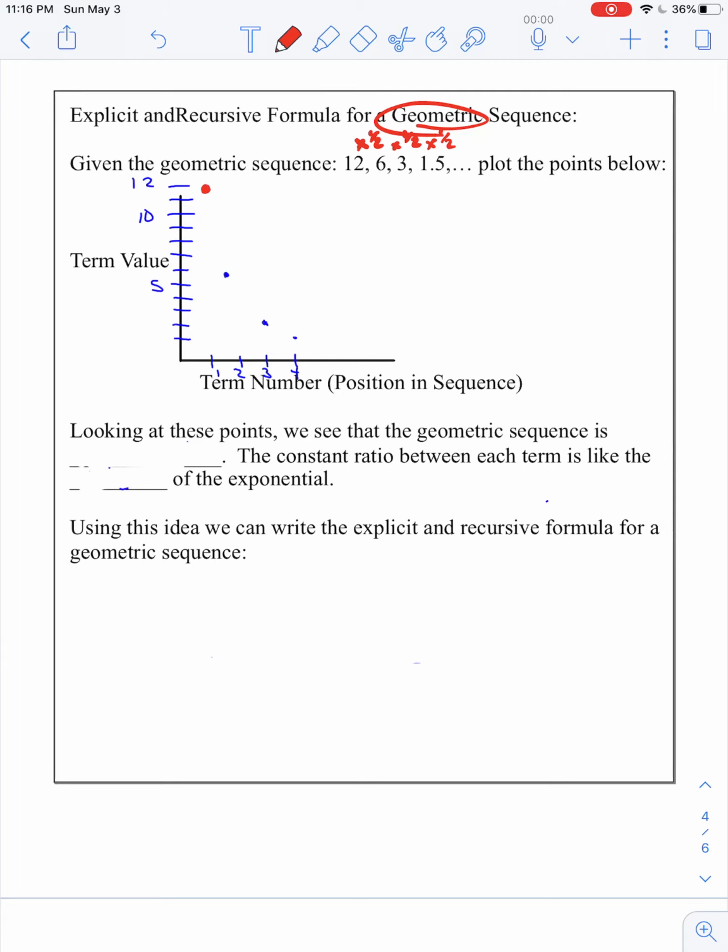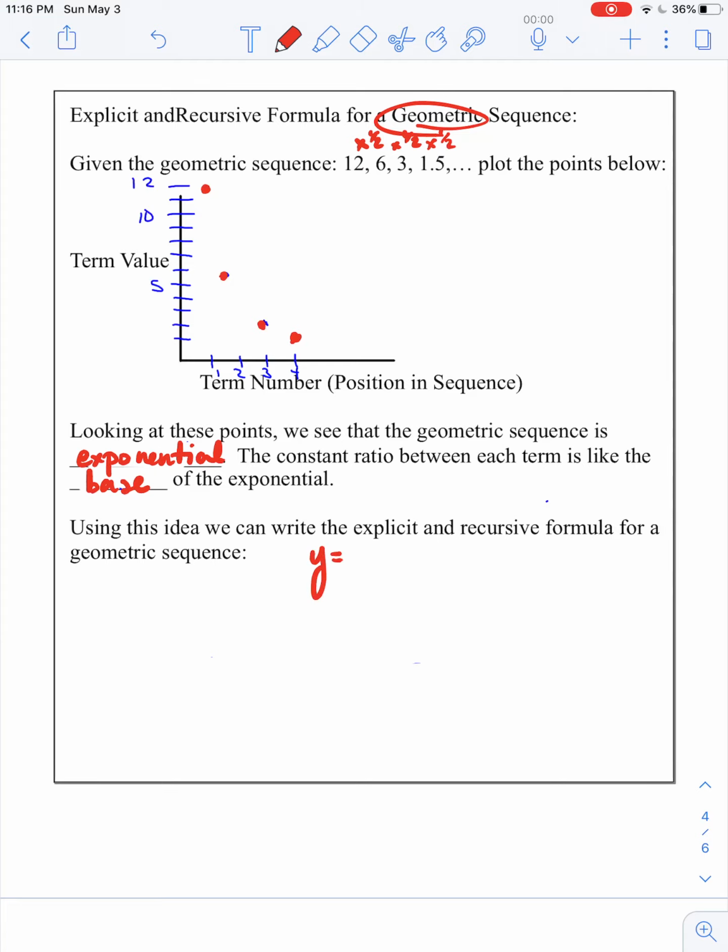Okay, and so when you plot these dots, again, notice it is discrete, but this time it is exponential. So if you're multiplying by the same thing each time, that's going to be exponential. And so the constant ratio is like the base of the exponential, right?